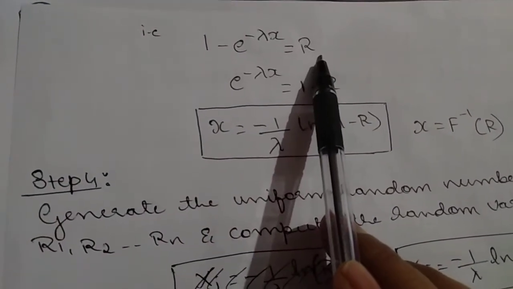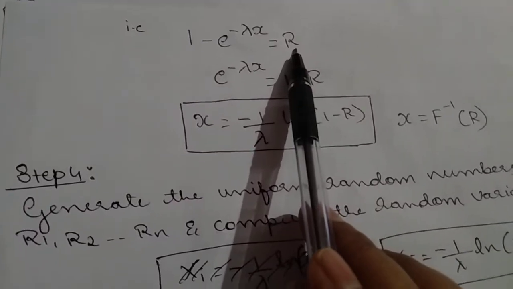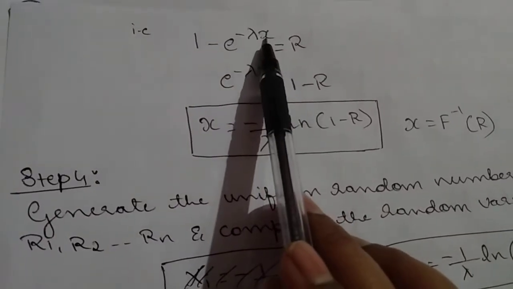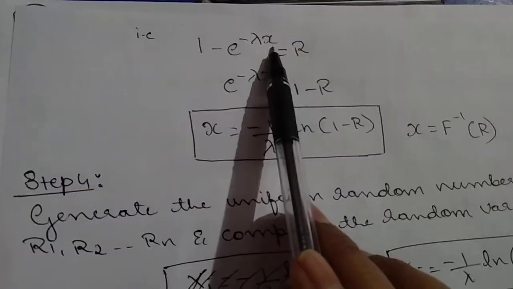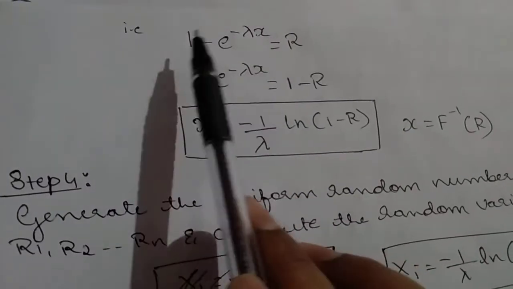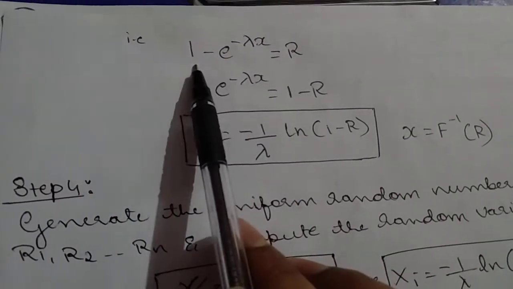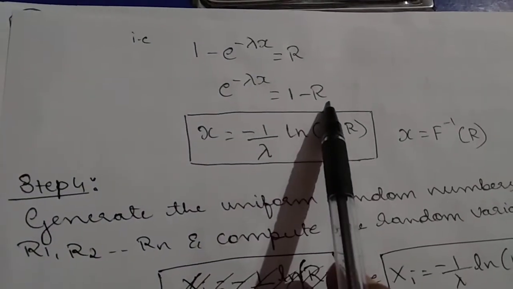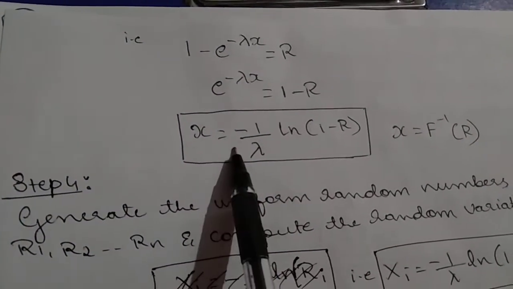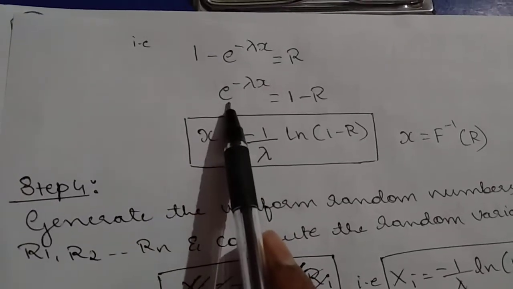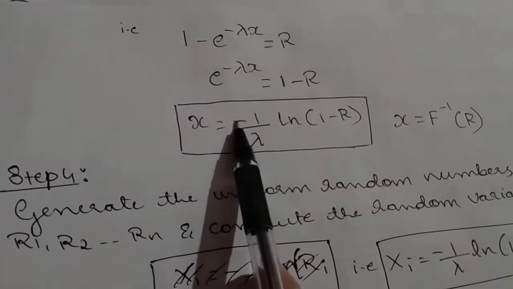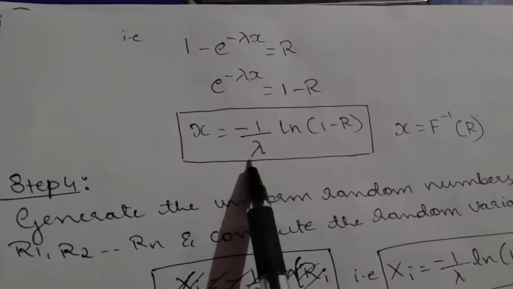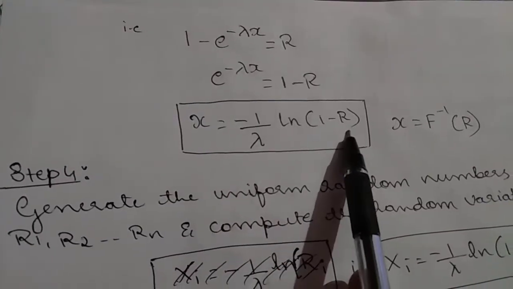We already have this one. I told you, you have to solve either for x or y. Here x is there, so you have to solve for x. Thus I'll take this r to this side, e power minus lambda x is equal to 1 minus r, then x is equal to this one. Taking the logarithmic function, minus 1 divided by lambda ln of 1 minus r.